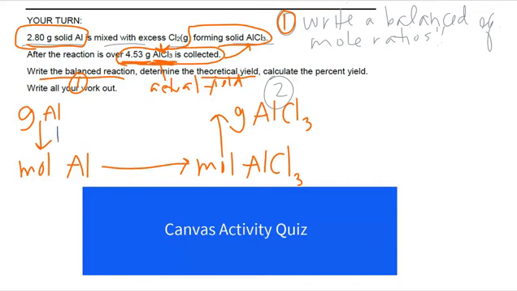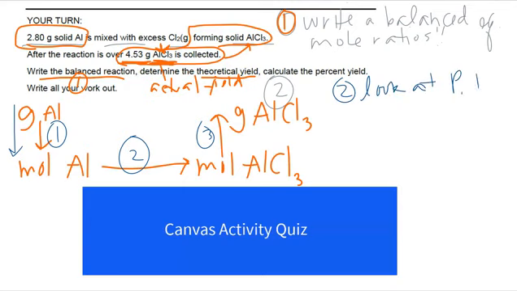Here we go. So hold on. We have step 1, step 2, step 3. Because in order to go from grams to moles, we need to know what aluminum's molar mass is. So you need to look at the periodic table. PT for periodic table.